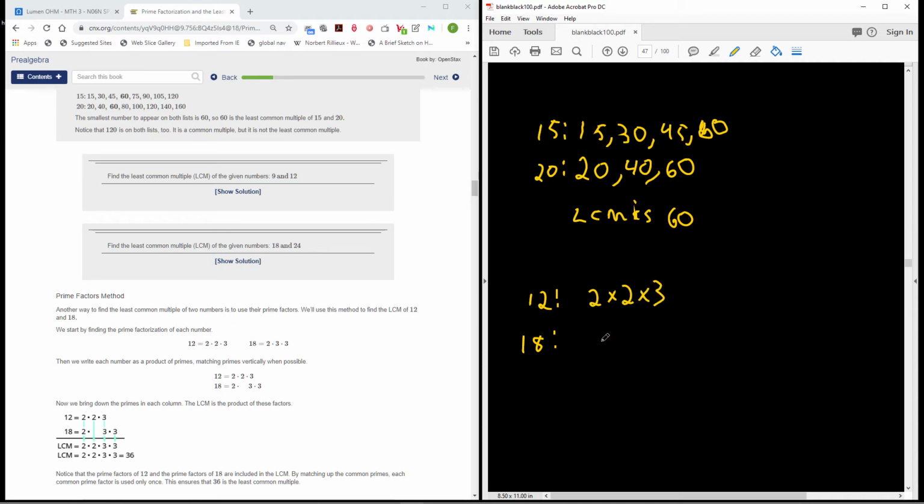And for 18, I have 2 times 3 times 3. So the way this works is that the LCD is going to be the greatest occurrence of any one factor in any one factorization.